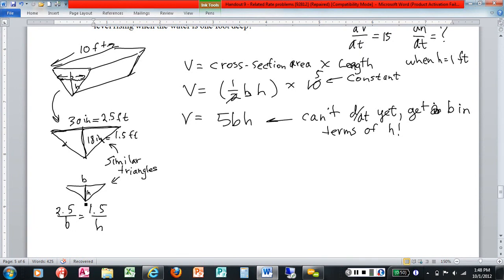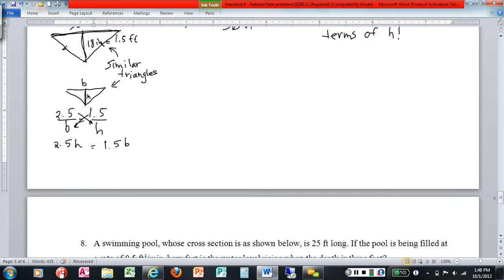Okay, well, if I cross multiply here, I get 2.5 H, this times this, equals 1.5 B. And so what is B in terms of H? Well, divide by 1.5 here. I just divided by 1.5, so 2.5 divided by 1.5.